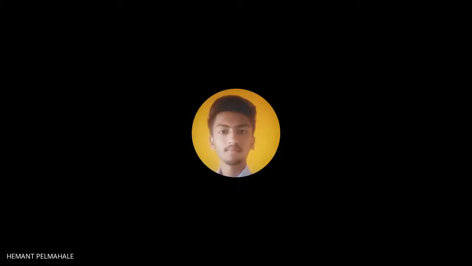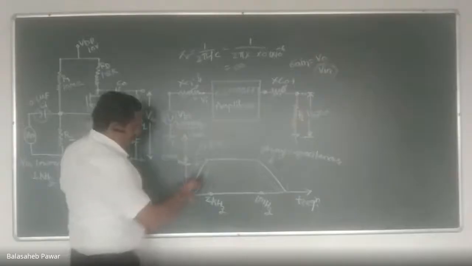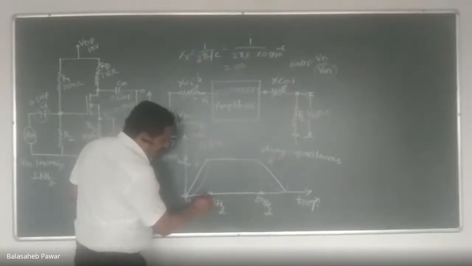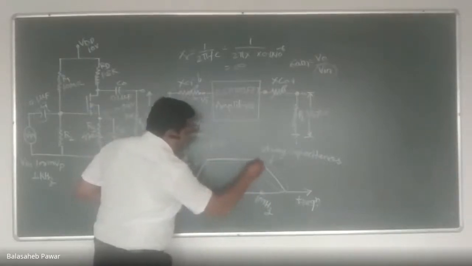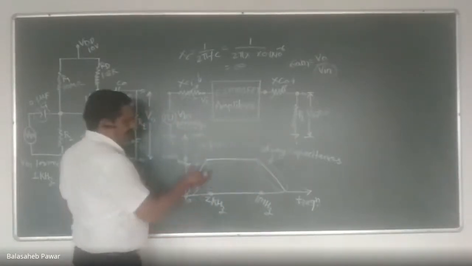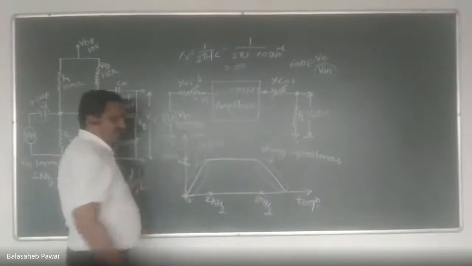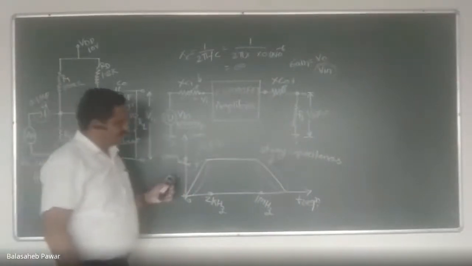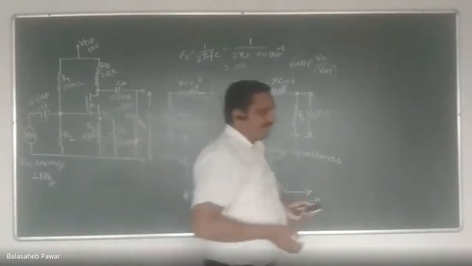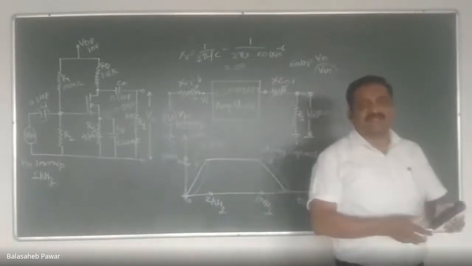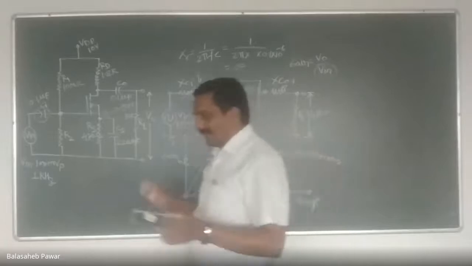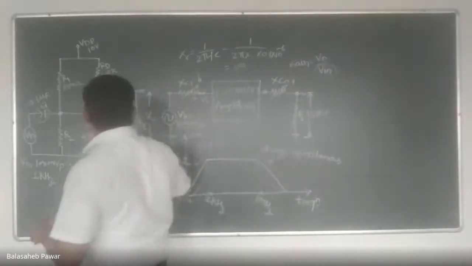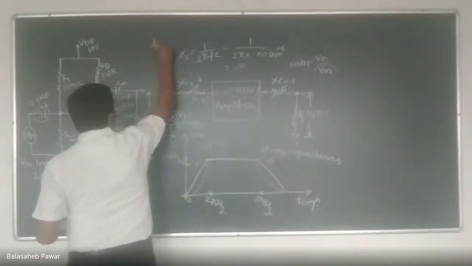Yes, sir. So see, here we can say from 2 kilohertz to 1 megahertz, we are getting constant gain, correct? And that constant gain is the maximum gain. You might have heard about the lower cutoff frequency and higher cutoff frequency of an amplifier. They are denoted by FL and FH.